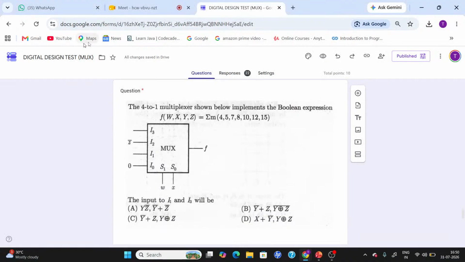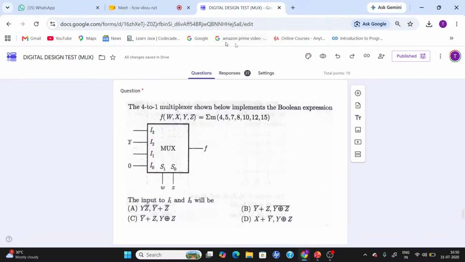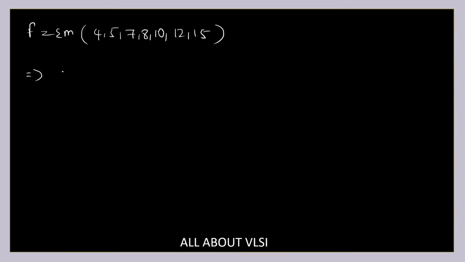So I have the min terms as 4, 5, 7, 8, 10, 12, 15. First I'm going to expand in terms of WXYZ, where W is my MSB and Z is my LSB.